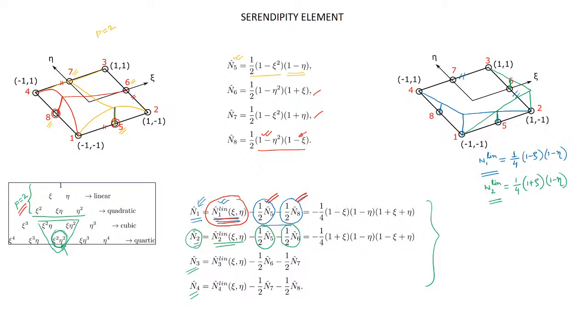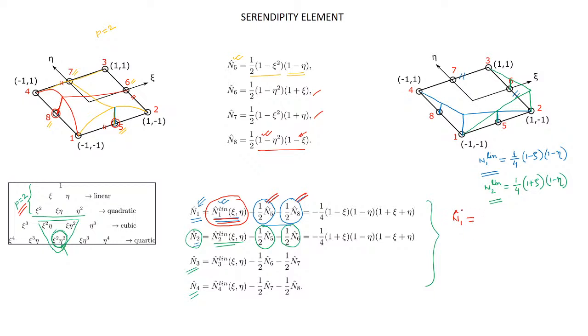If you look at the Lagrange shape function n1 for p equal to 2, let us go ahead and derive the n1. The n1 corresponding to the Lagrange family for p equal to 2 comes from n1 at xi and n1 at eta.